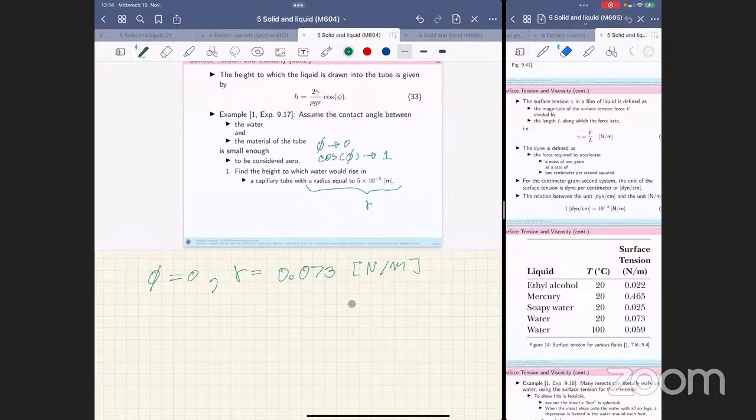It's gamma, okay. I'm sorry for that, maybe it looks like the variable R. It's gamma. All right, and rho is the density of the water. Rho water is 1,000 kilograms per cubic meter.